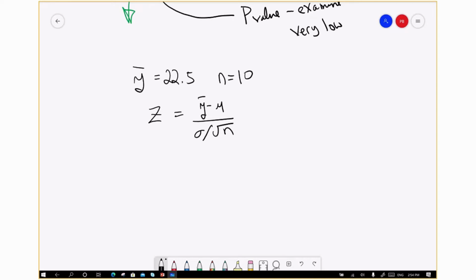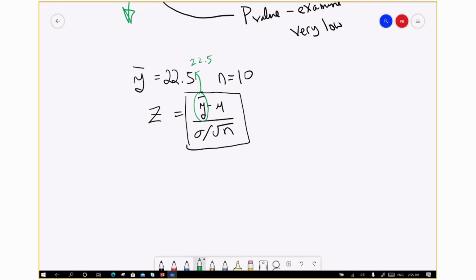Now, where the heck did this come from? Let's recall where this came from. Well, y bar is pretty obvious. That's going to be 22.5. How about this other stuff?